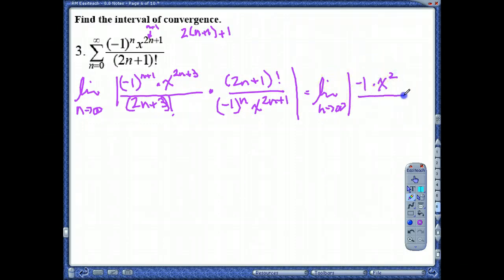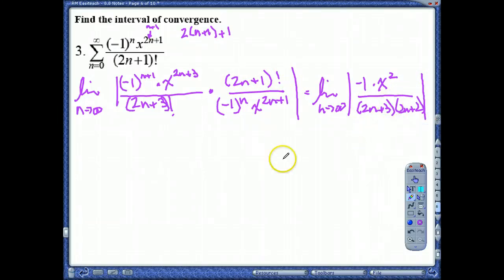On the bottom, we have n plus 1, 2n plus 1 factorial, and 2n plus 3 factorial. So the bottom is going to have more terms, it's going to have 2n plus 3, 2n plus 2, and then once it reaches 2n plus 1, that's where it's going to cancel with everything in the numerator.